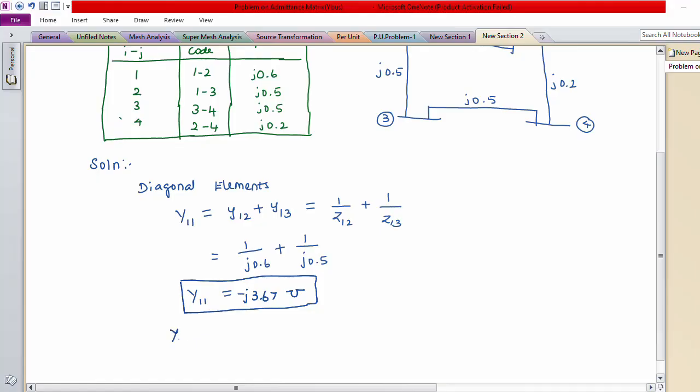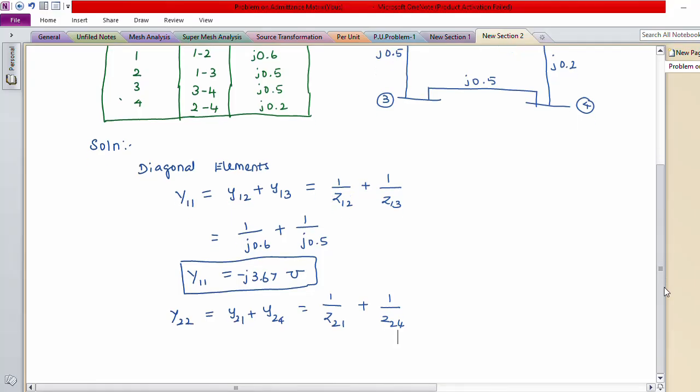Similarly, we have to calculate for y22, that is number of lines connected at bus 2. So there are 2 lines connected, that is y21 plus y24. Similarly, we have to write 1 by Z21 plus 1 by Z24. Now the impedance value of line 2 to 1 is J0.6 and the impedance value of line 2 to 4 is J0.4.